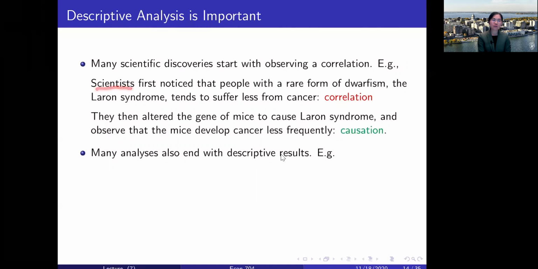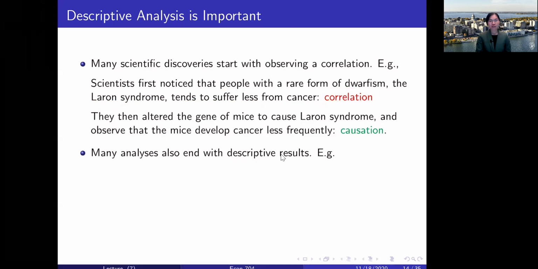Scientists first noticed that people with a rare form of dwarfism, which is called the Laron syndrome, which is caused by a genetic disorder, tend to actually suffer less from cancer. They get cancer less often than normal people. And that is a correlation, just a data feature.